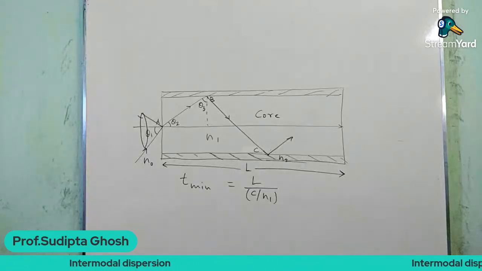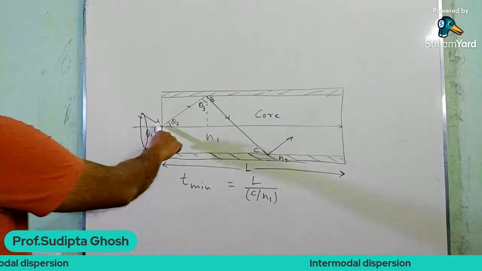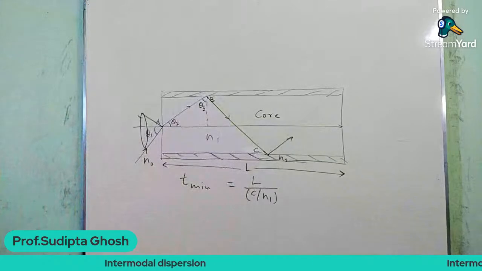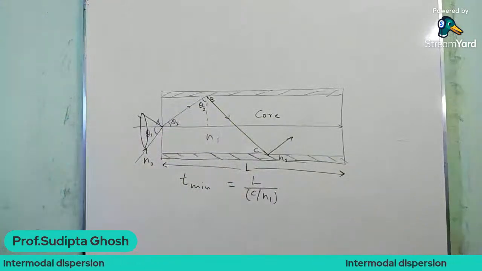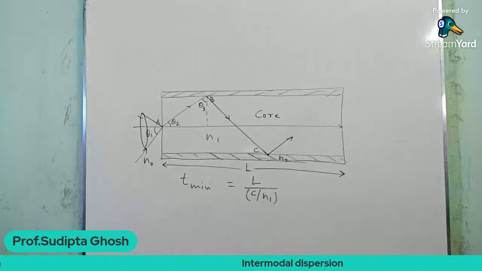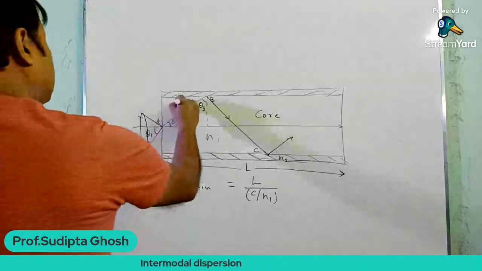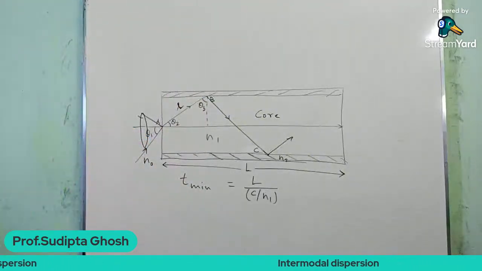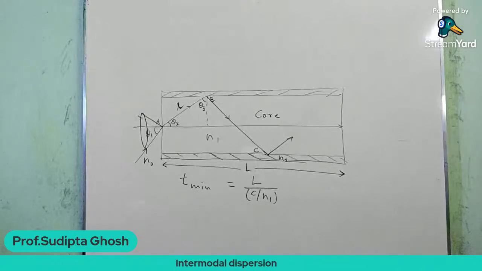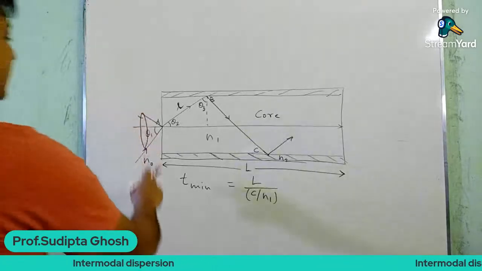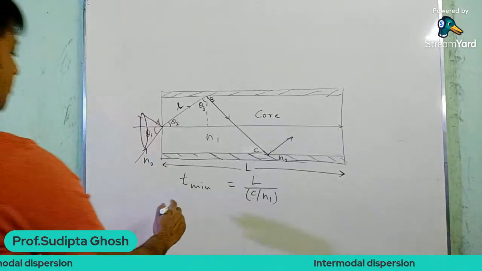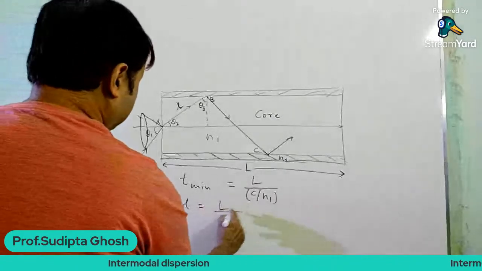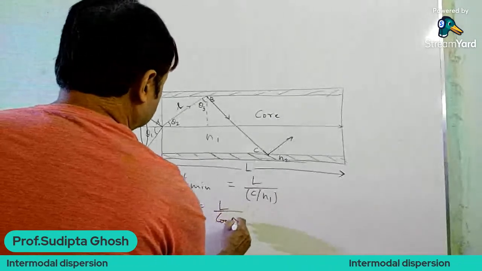Now the other ray takes the path ABC. Here the ray refracted into the fiber makes an angle theta 2 with the axis. If this is the path length, small l, then small l equals capital L divided by cos theta 2.